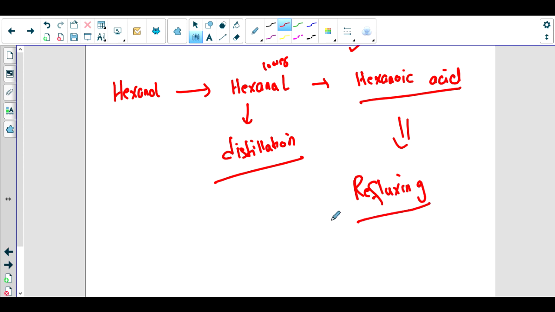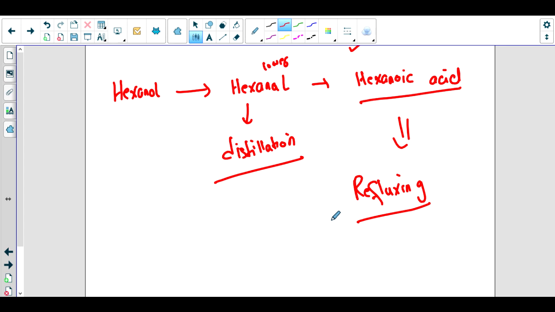What is refluxing? It's a technique which involves cyclic evaporation and condensation. The aldehyde will try to leave the chamber, but you condense it, so instead of leaving the chamber it goes back for further oxidation. You have evaporation and condensation at the same time, so it prevents the mixture from leaving the apparatus.